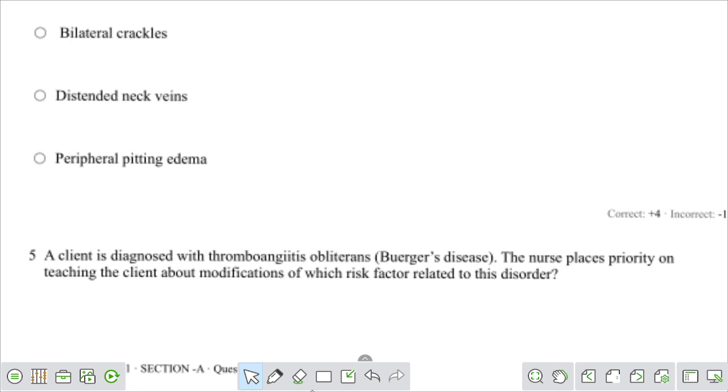Next question is, a client is diagnosed with thromboangiitis obliterans. The nurse places priority on teaching the client about modification of which risk factor related to this disorder. Actually, thromboangiitis obliterans is known as Buerger disease, and this is a peripheral arterial disease.